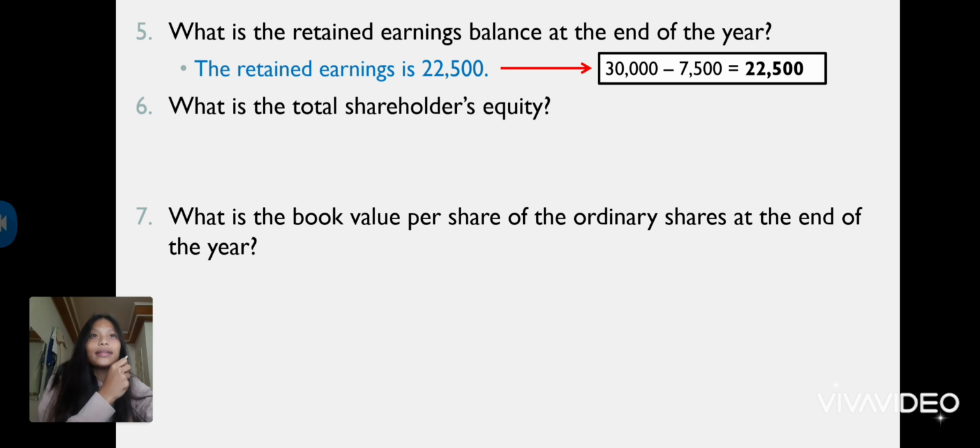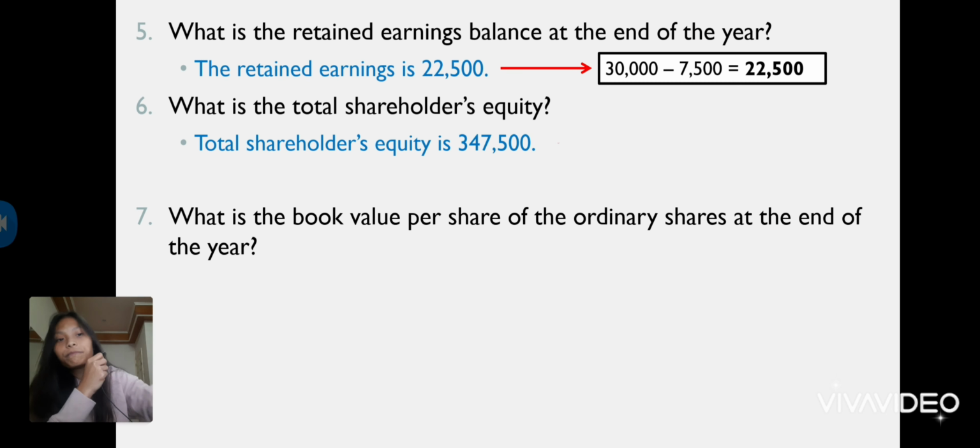And the last transaction, which is a debit of retained earnings, which means a deduction to the retained earnings. Every time that there is a debit of retained earnings, it will always be deducted from the retained earnings. So 30,000 minus 7,500 will equal 22,500.